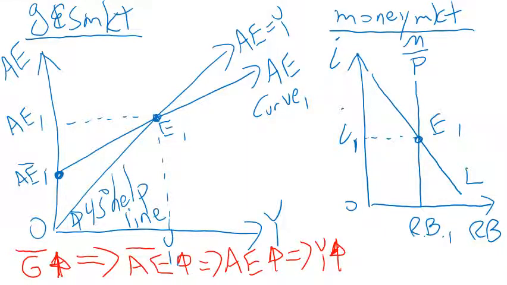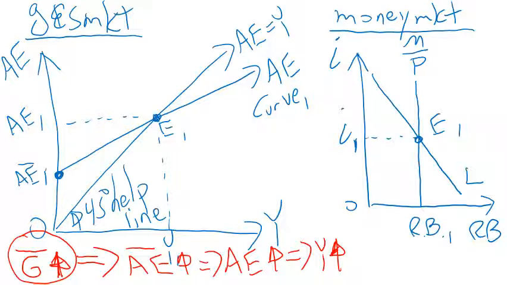All right? So this analysis up to now is self-contained in the goods and services market. It has not yet traversed into the money market. All right? Now, graphically, how do we show this event, this increase in government spending?